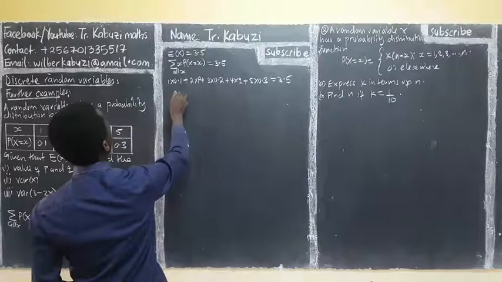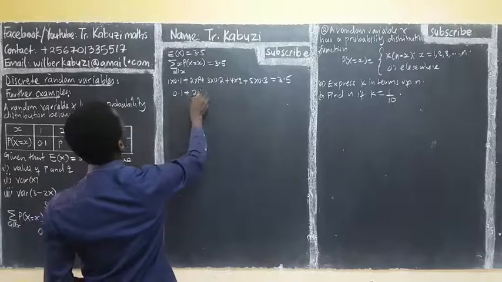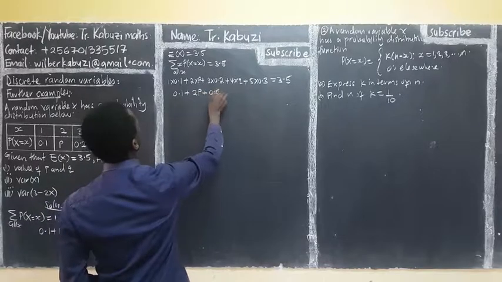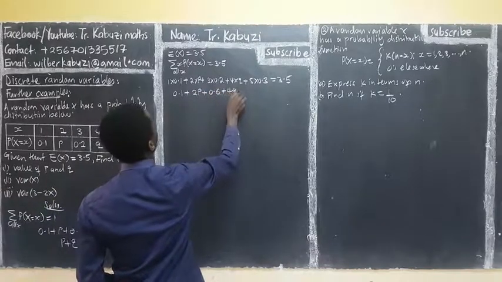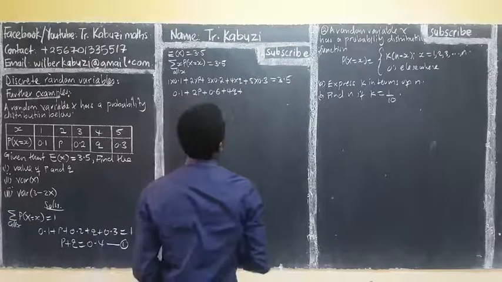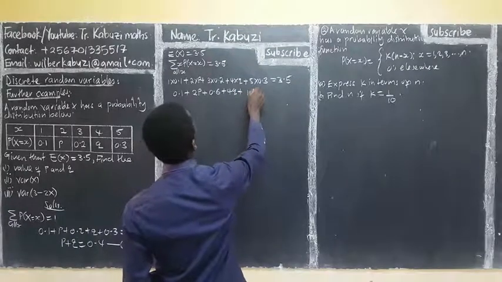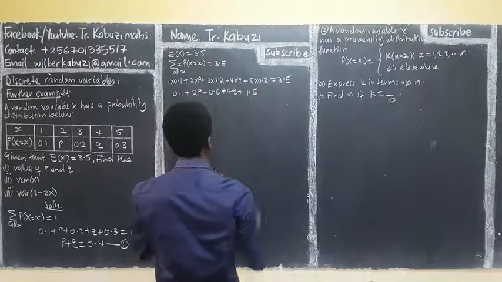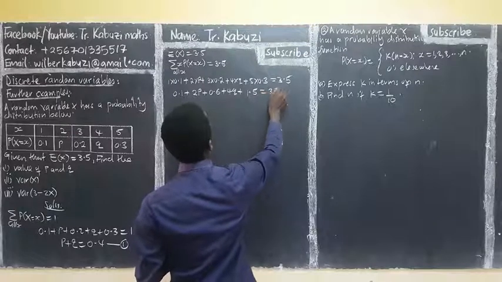So this is going to be 0.1 plus 2p plus 0.6 plus 4q, then plus, when you multiply here, I think you get 1.5, equaling 3.5.